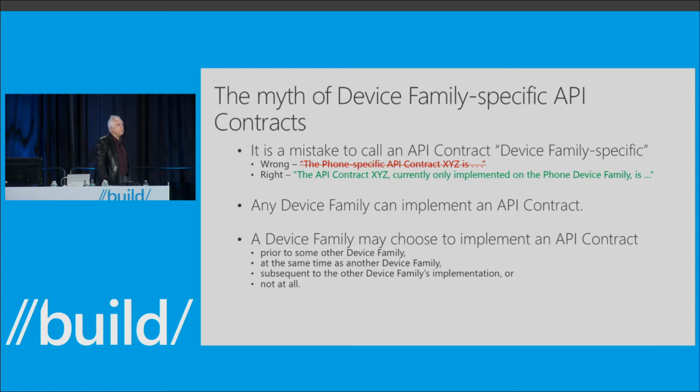In the next 3 months, we could implement that contract on another platform. So you never really know from an API contract. It's an abstraction, just like the API. Here's a set of APIs. I can implement it on one device, 2 devices, 2 platforms, 3 platforms. No platforms is when I invented it. It's really correct to think of it as it may or may not be implemented on this platform yet.